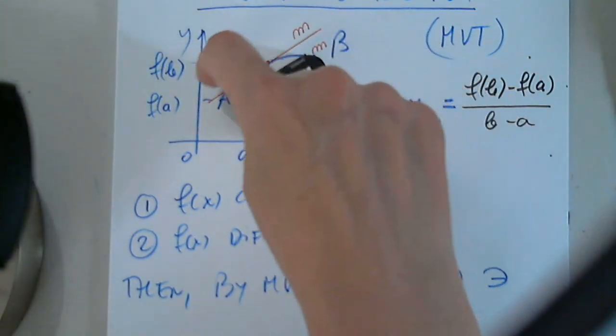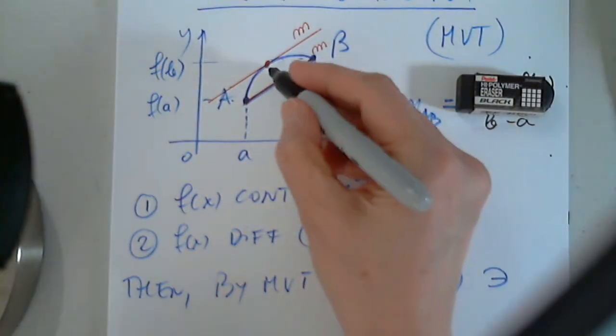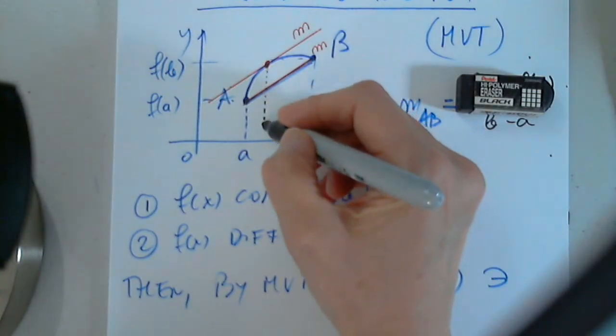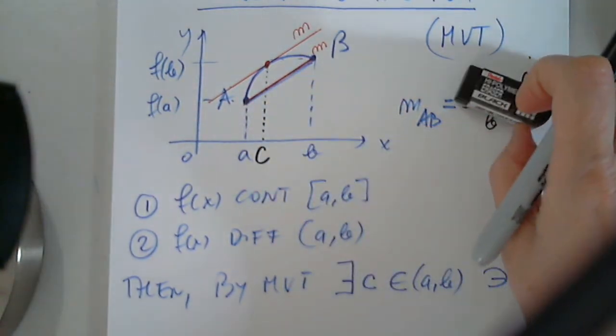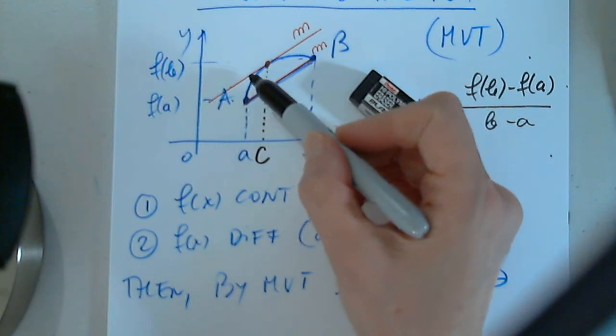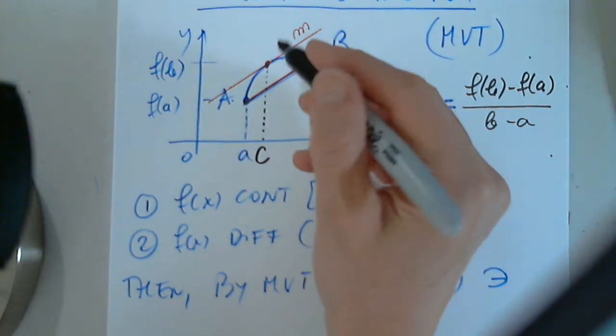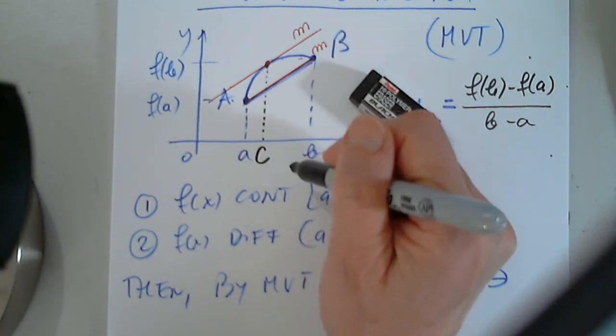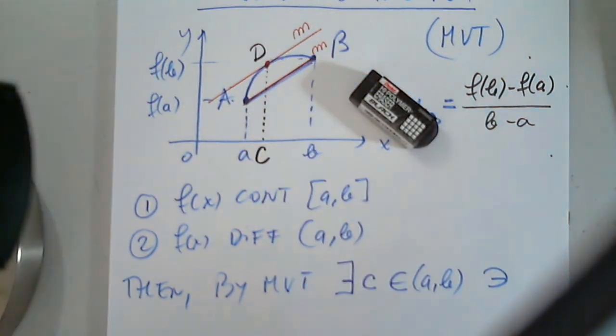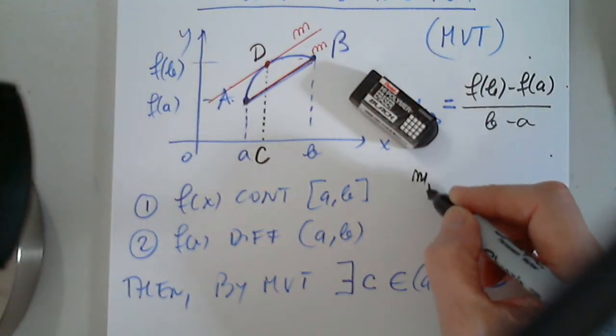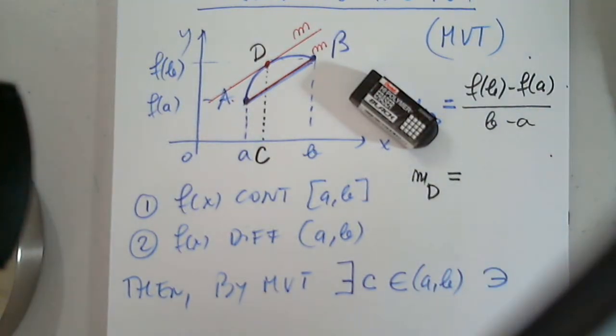Can anyone give us the slope of the tangent line to the graph at a point? I'm going to use D. Can anyone give us the slope at D? Also f of b minus f of a over b minus a.